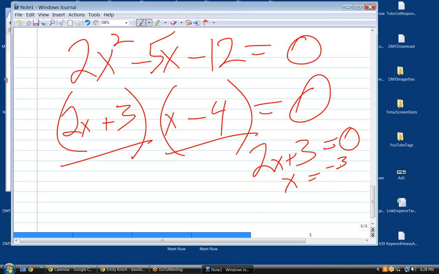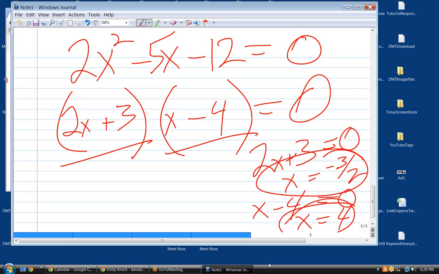Negative 3 over 2. And if x minus 4 equals 0, x is equal to? 4. So those are your two solutions. You almost always have two solutions with a quadratic. Okay? All right. Why don't we stop with that session there?